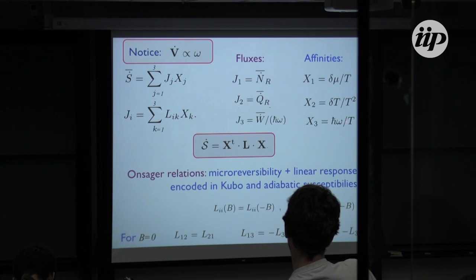And what appears to play the role of the affinity related to this new flux is this quantity which is related to the driving frequency. As I mentioned before, these coefficients here satisfy these Onsager relations because they are related to susceptibilities obeying microreversibility.